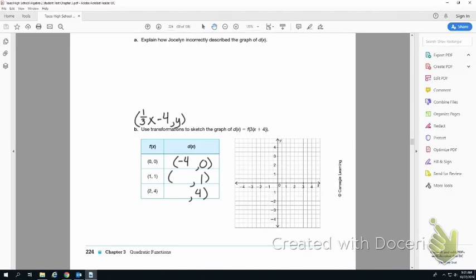Then I would apply all that, multiply by 1/3 and subtract 4, to those. Go ahead and add the point at the bottom. Never mind, that won't fit on the graph, so we don't have to do that one. Once you have those, go ahead and graph them.